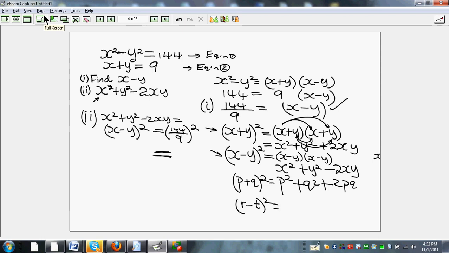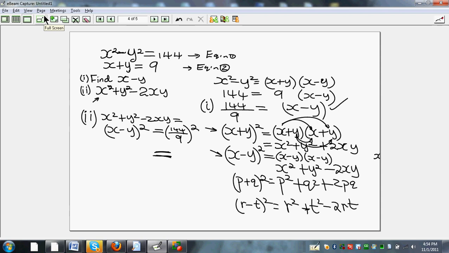What do I put there? R squared plus t squared, and then what do I write at the end? Minus 2rt. Am I a genius? Are you a genius? No, you're just aware of what it is. Okay? So be guided accordingly.